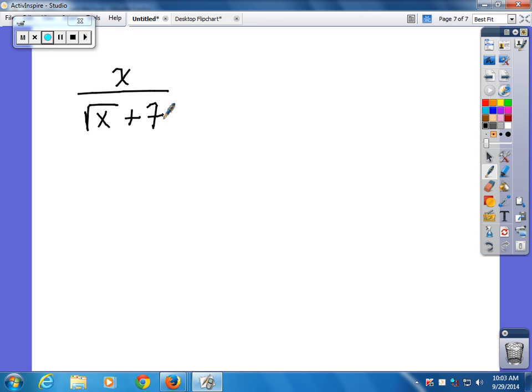So you can't just multiply by the square root of x over the square root of x, because that won't do you any good. Then that'll give you square root of x times square root of x, well, that'd be x. But then it'll give you 7 times square root of x, which is a radical in the what? Denominator. So it doesn't help you. So you use the conjugate. What is the conjugate of the square root of x plus 7? The square root of x what? Minus 7.